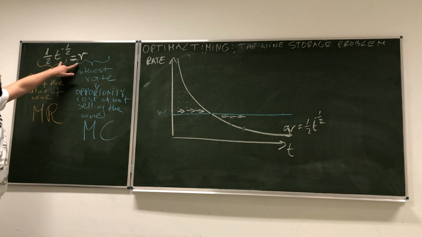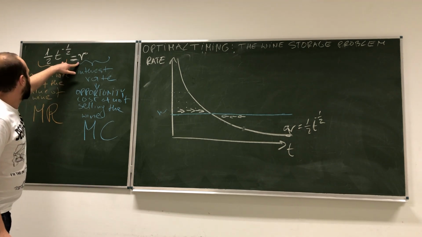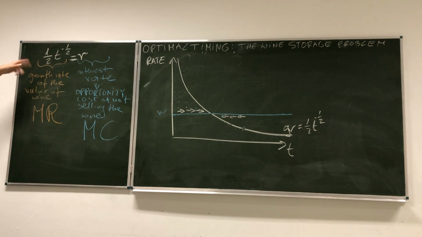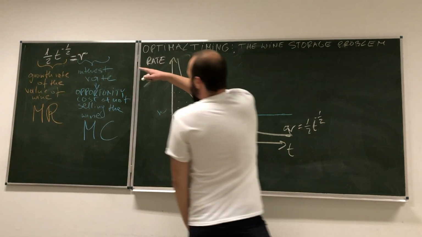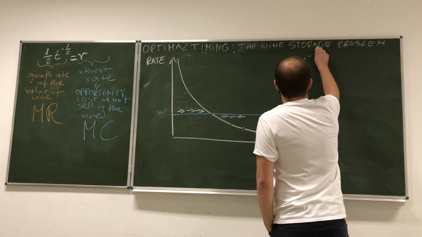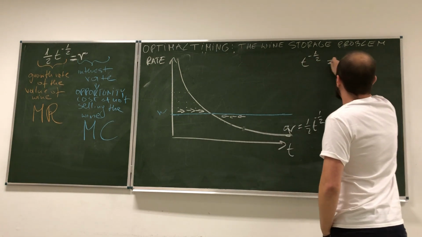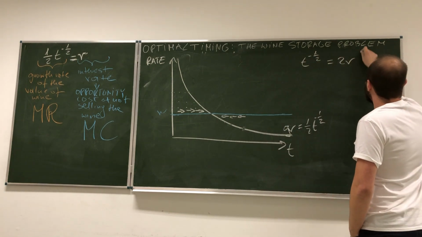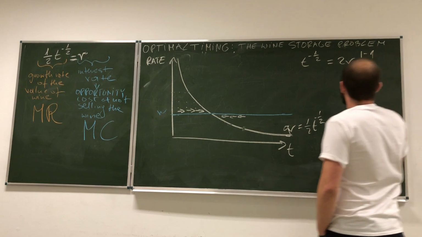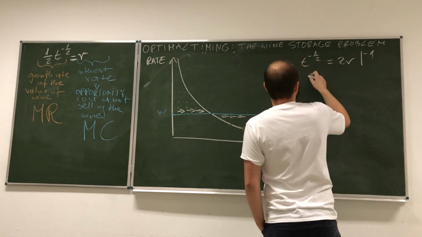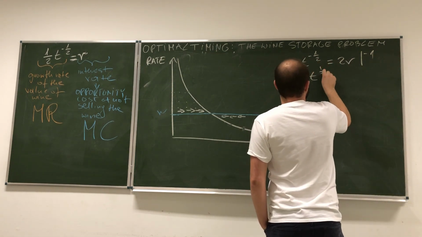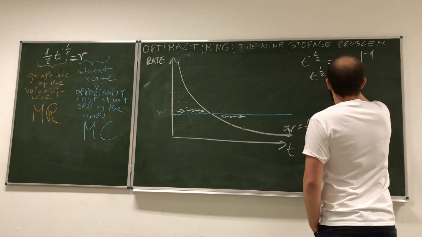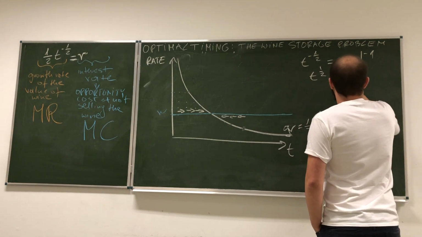Okay, first, out of this condition, we can find the optimal time. We just need to solve this equation. Look, out of this, I'm going to get that t to the power negative 1 over 2 is equal to r, or taking both sides to the power of negative 1, we will get that this is t to the power 1 over 2, here 1 over 2r.